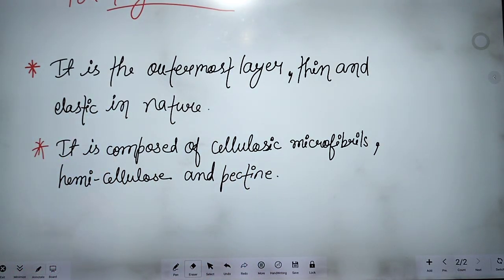Our first point is that it is the outermost layer, that is called the primary cell wall. And after that, it is thin and elastic in nature, and it is composed of cellulosic microfibril.